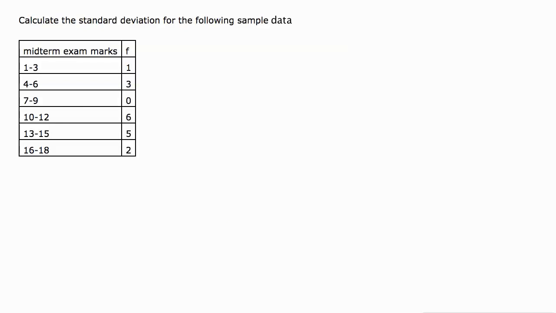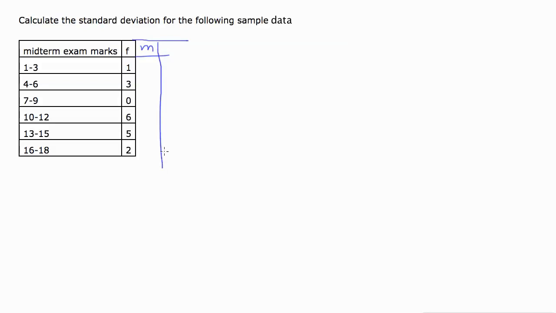Let's calculate the standard deviation for the following sample data. So in this case, I need to calculate the midpoint for every class. So let's calculate that. Let's try to build here a column for the midpoint.